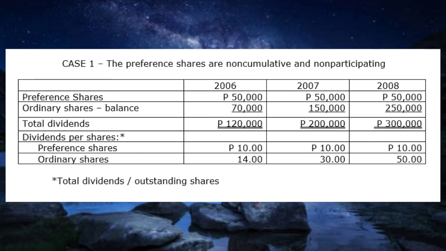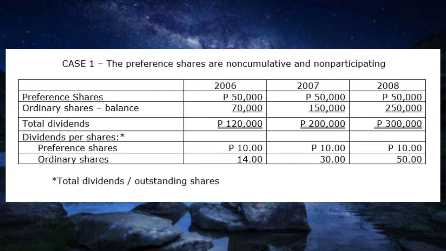Case number 1. The preference shares are non-cumulative. Preference shares: 2006, 50,000 pesos; 2007, 50,000 pesos; 2008, 50,000 pesos.